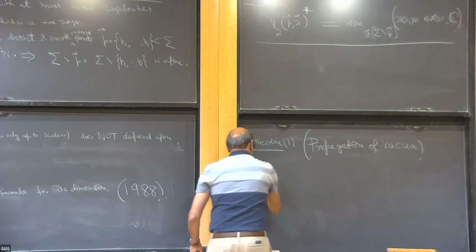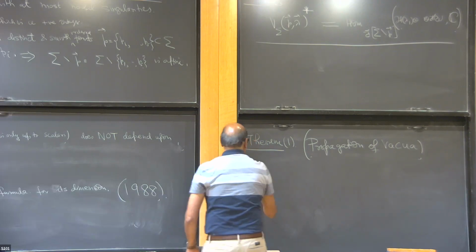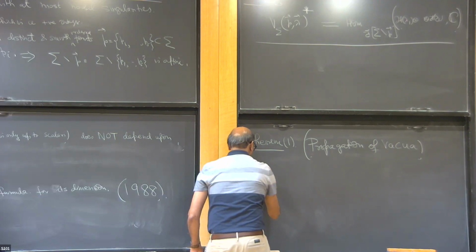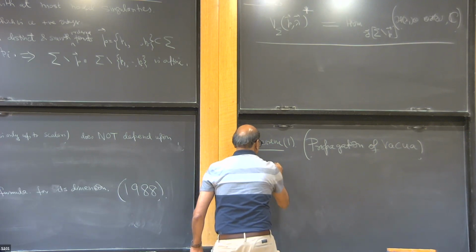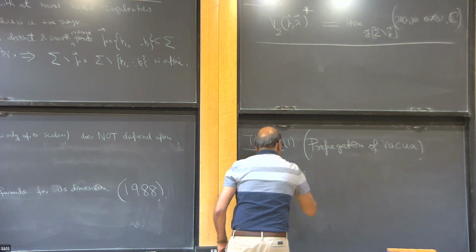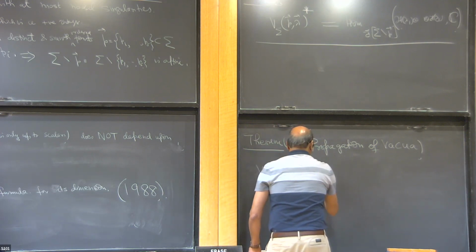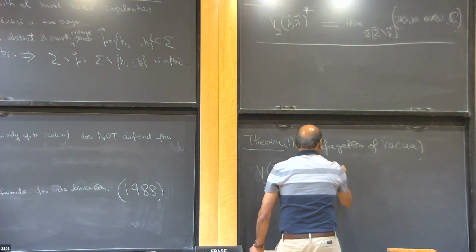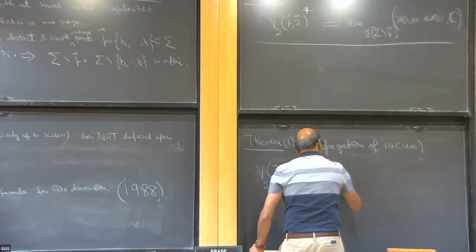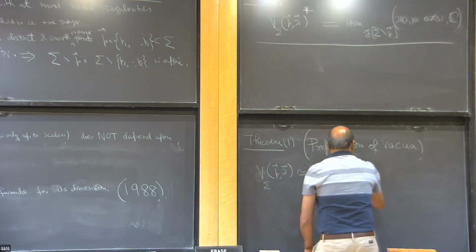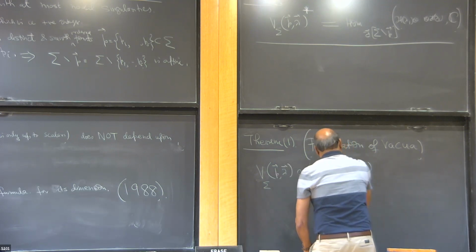So V sigma P lambda is isomorphic with V sigma P, and I'm going to attach one more point, and then I'm going to take lambda and 0. I will explain this notation in a minute.